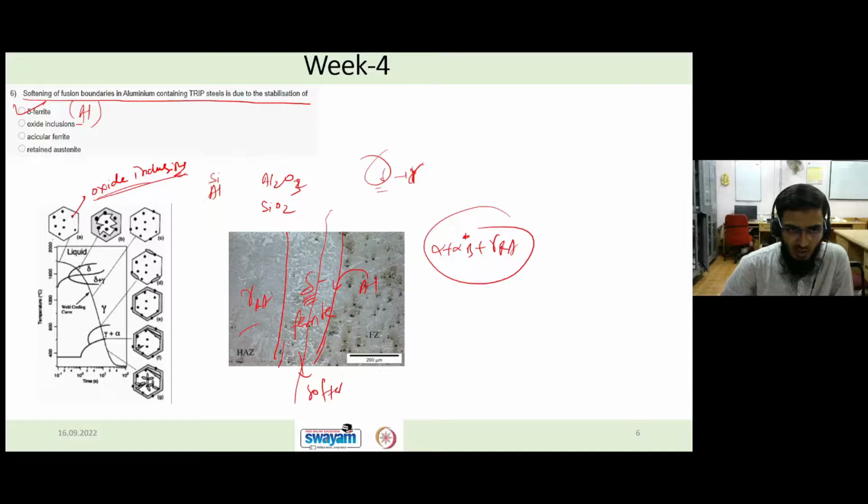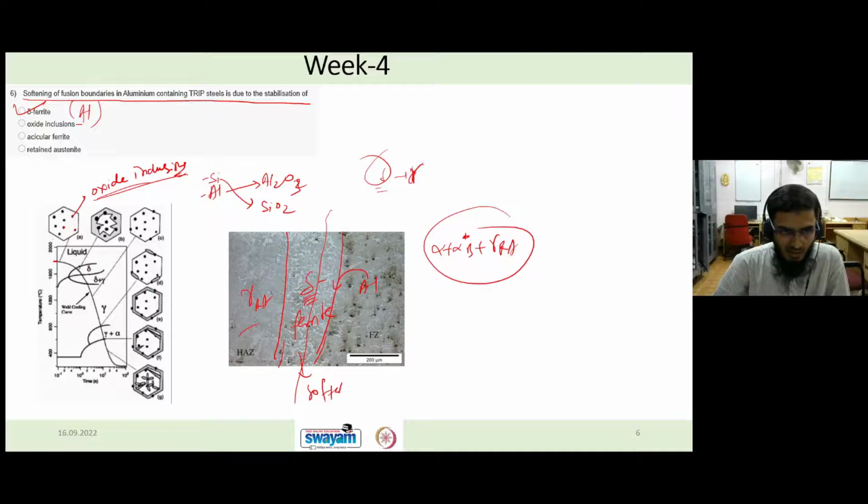Based on the element you have, if aluminum, then Al2O3 will form, if silicon, then SiO2 will form, and upon that the ferrite will nucleate. At approximately 1800 degrees, as soon as we start cooling, the first thing forming is these black dots, which are oxide inclusions, and on these inclusions the ferrite will nucleate.